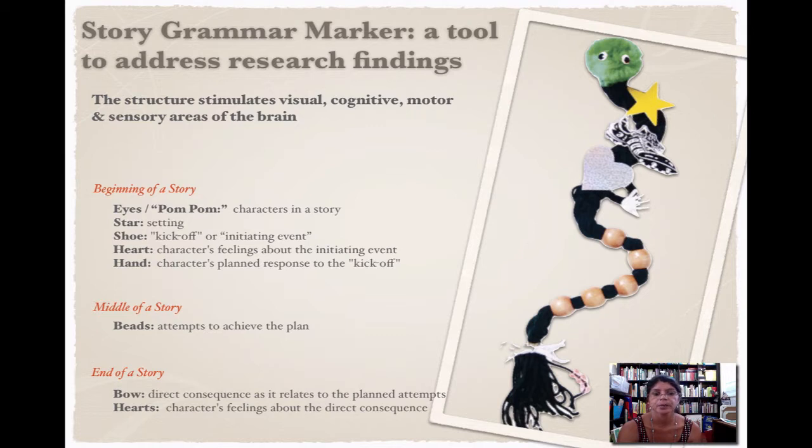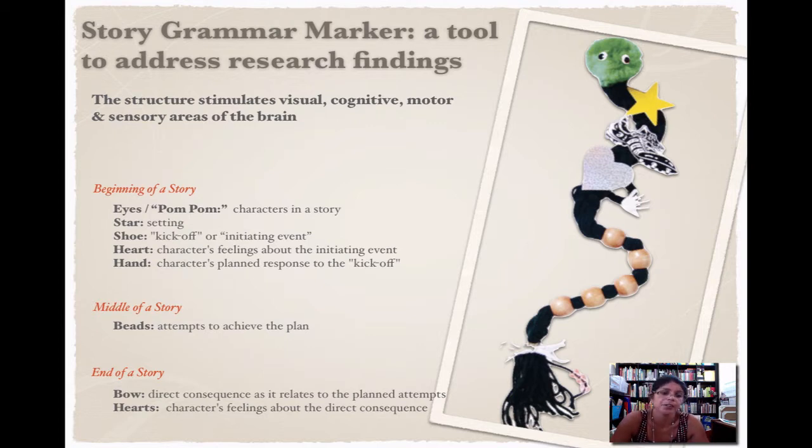So basically what you do is you use this as a manipulative, it's a tactile method of following the story or doing a sequence or problem solving. But if you were doing a story, at the top of the screen here, you see a pom-pom with two eyes. That's a character in the story.